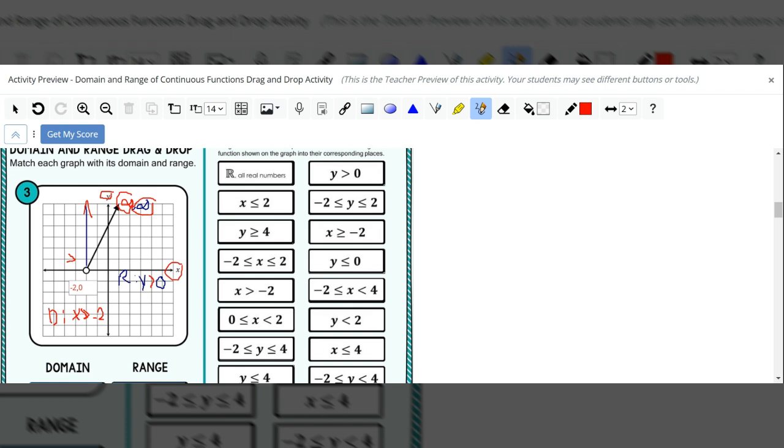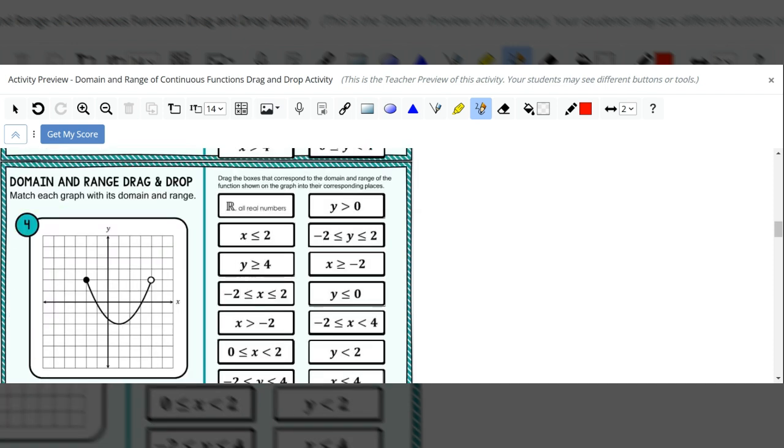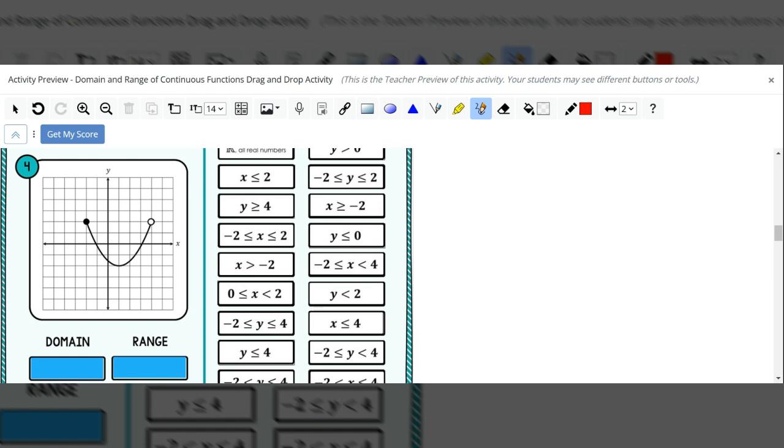Now let's look at a different graph here. This one, like I said, has an endpoint. So for question number 4, if I'm going to find the domain, I need to make a border line here. Border means from there to there. Okay. Here we go. The left side is a closed circle. This is negative 2 and 2.